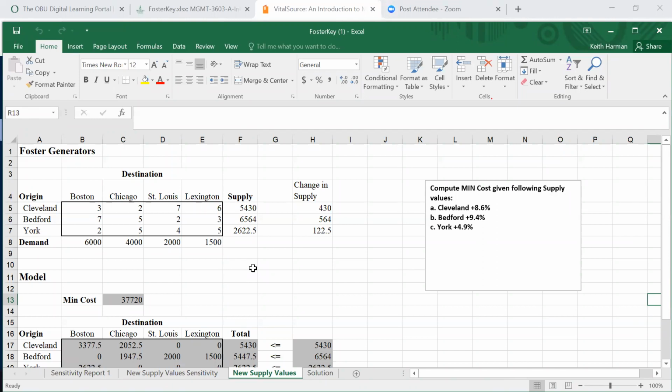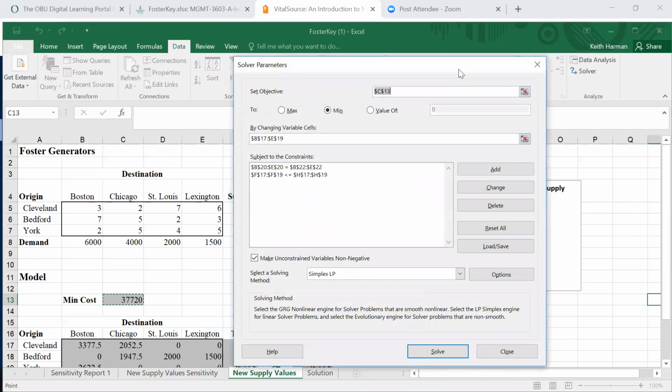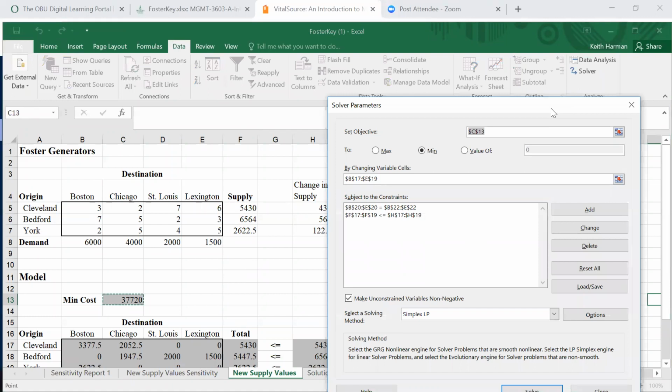We increased Cleveland by 8.6%, Bedford by 9.4%, and York by 4.9%. And you can see our cost minimization. If you don't have the Solver on there, you'll want to go ahead and do it. I'll take a look at this. And those are our changing cells.